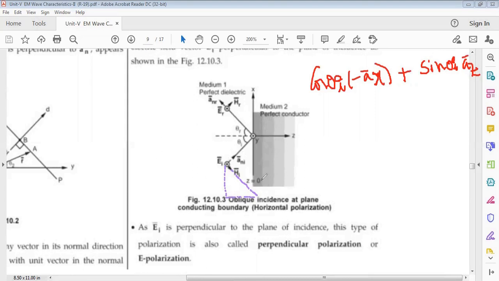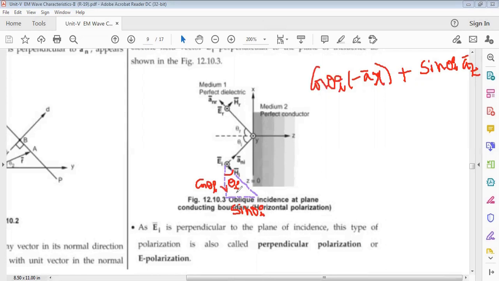See, here we got one right angle triangle. Let us take the angle theta I here. The opposite side is sin theta I, and the adjacent side is cos theta I. So the incident wave starts here.